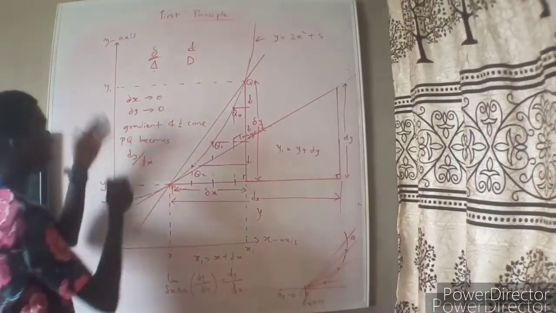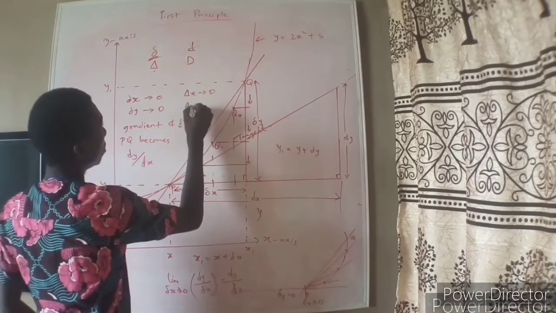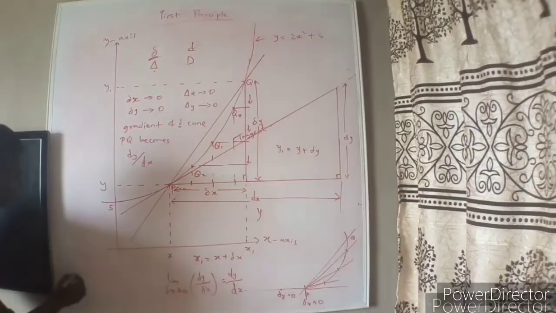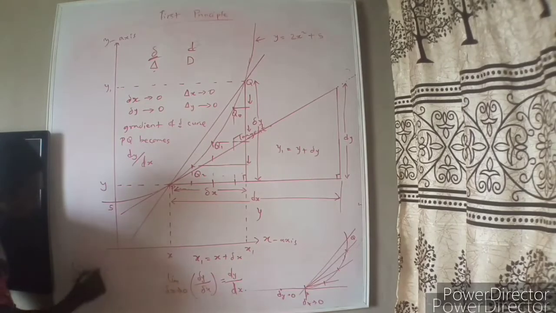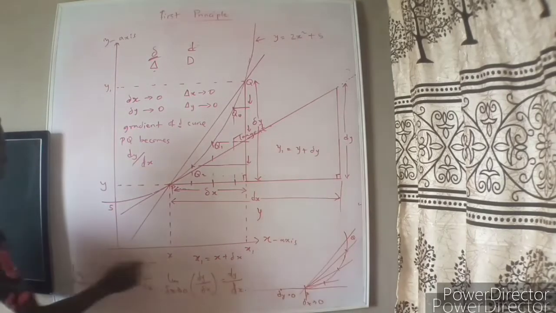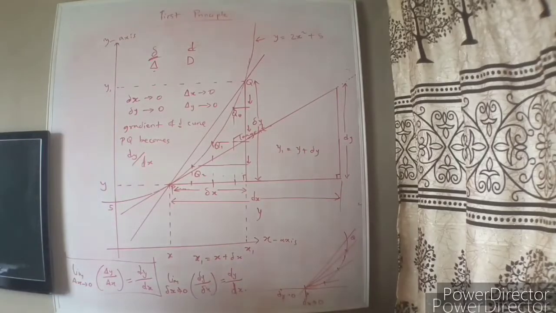If this is not comfortable, you can say change in x tends to 0 and change in y tends to 0. It's still the same thing: the limit as delta x tends to 0 of delta y over delta x is equal to dy/dx. They are still the same thing, whichever one you find more comfortable to use. So that's that about this.